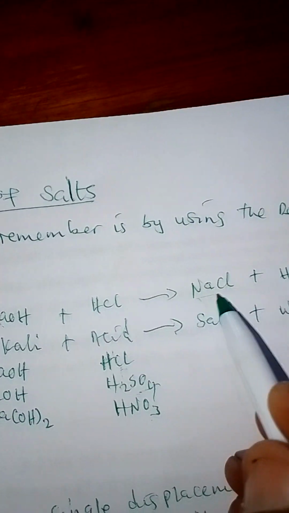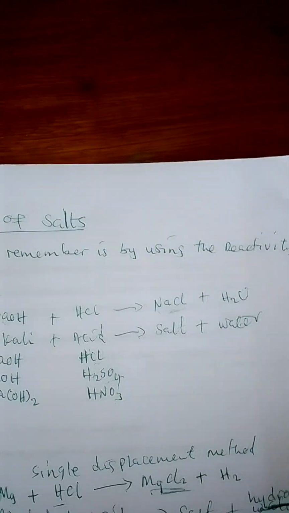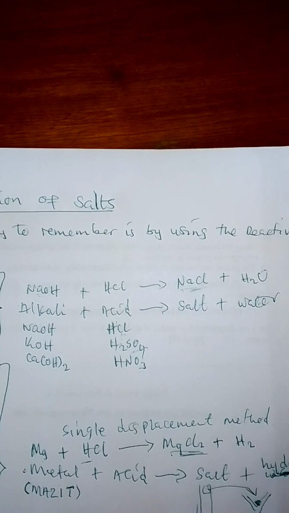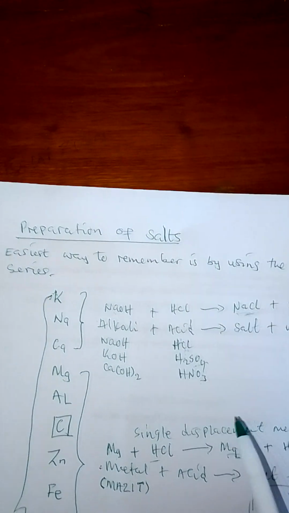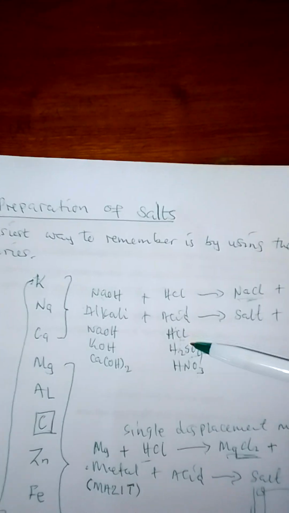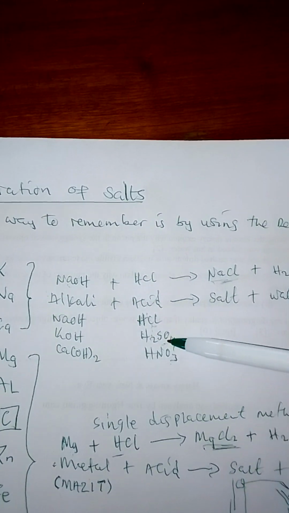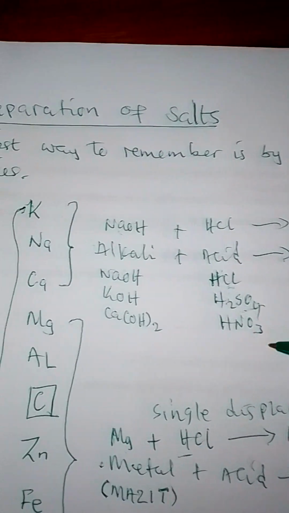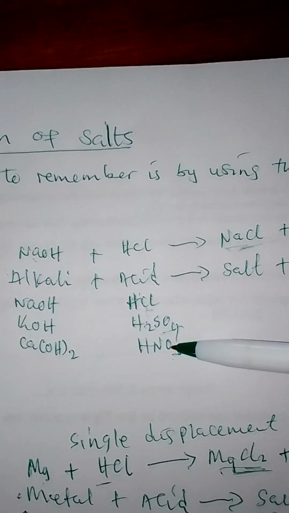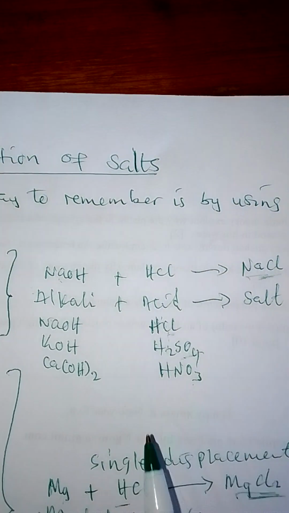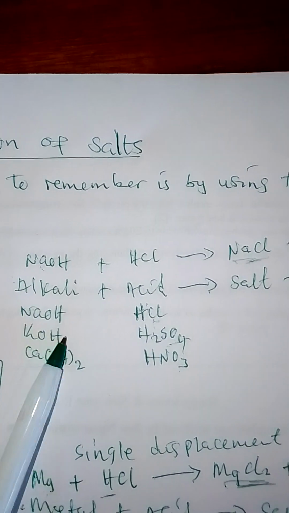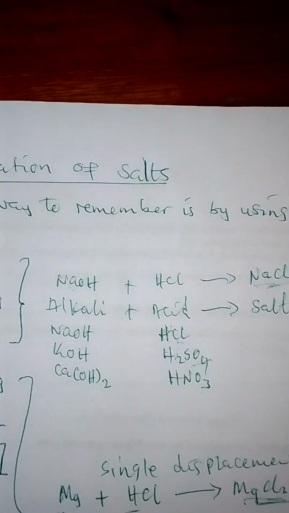That's the salt that we have formed, sodium chloride. By the way, sodium chloride is the salt that you use in our homes, to put in relish. If you want a sulfate salt like sodium sulfate, you use sodium hydroxide and sulfuric acid. If you want a nitrate salt like sodium nitrate, you get the nitrate from nitric acid. It goes on and on. If you want a potassium salt, you use potassium hydroxide with any acid of your choice.